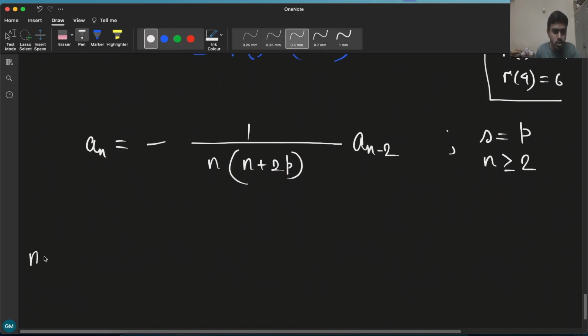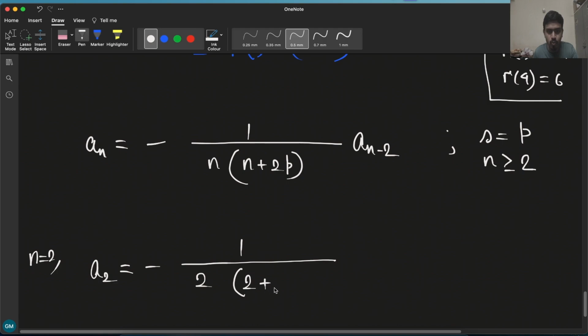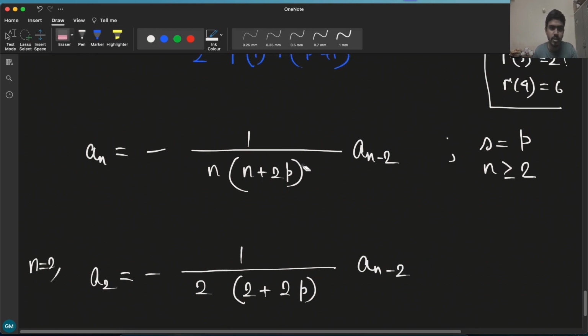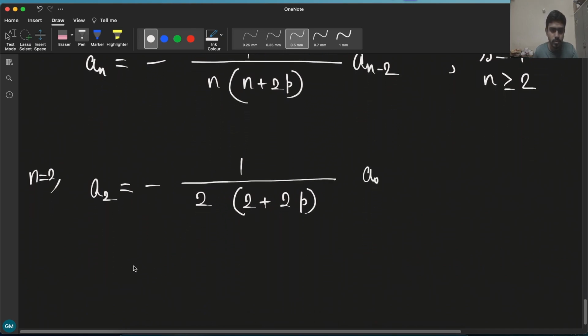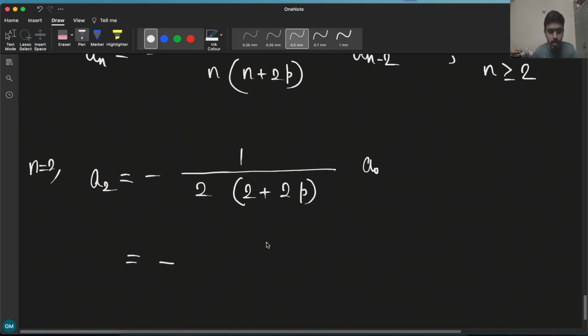Now if I put n equals to 2, in that case it will give me a2 equals to minus 1 by 2 times (2 plus 2p) times a(n minus 2), which is a0. This I can write as minus a0 divided by 2 times 2.